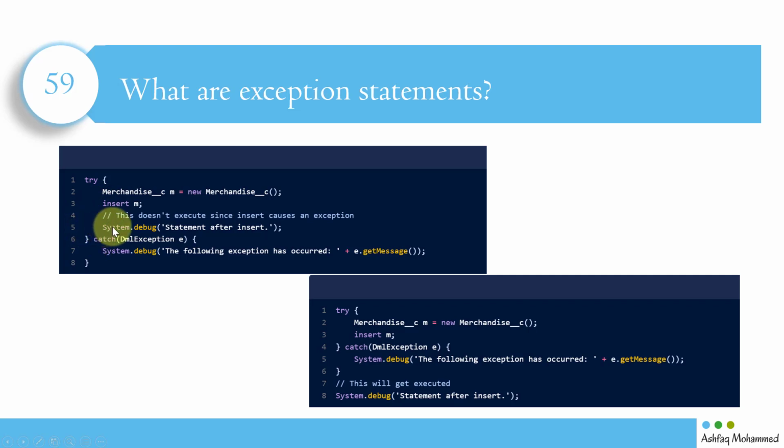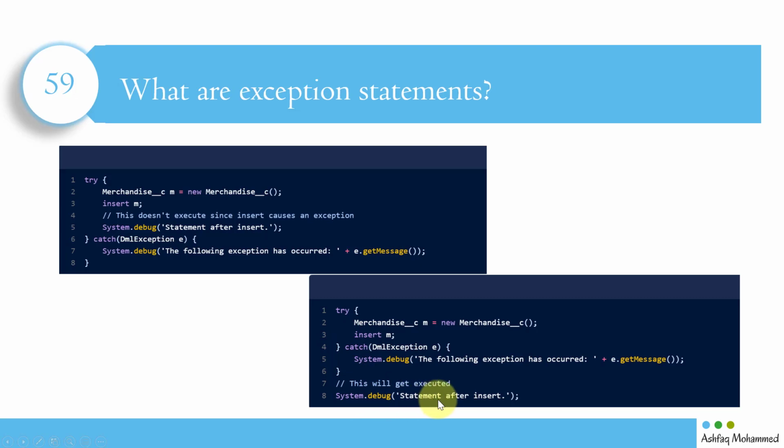That is the reason this is not getting executed, because as soon as I get an error, my control goes to the catch block. Here I've written insert, and I got an error, right? It has gone directly to the catch block, but after the catch block ends, I have written something over here. So this will get executed because it is after my catch block, okay?